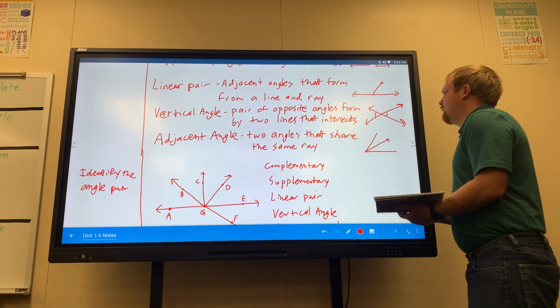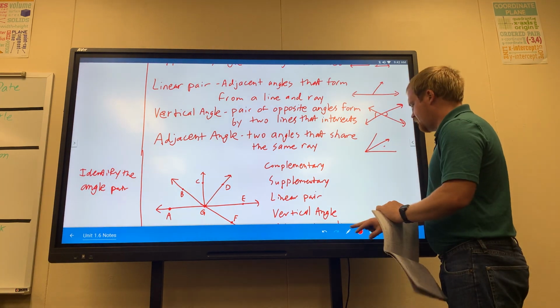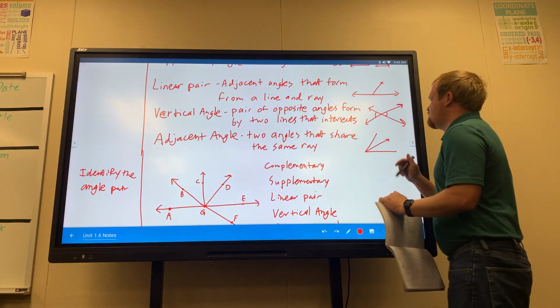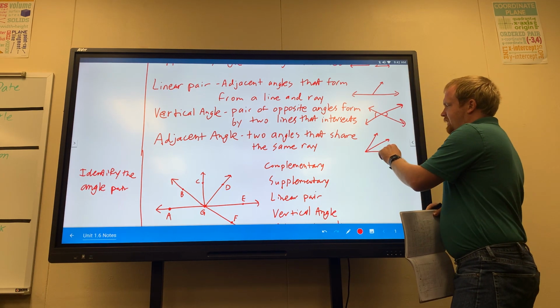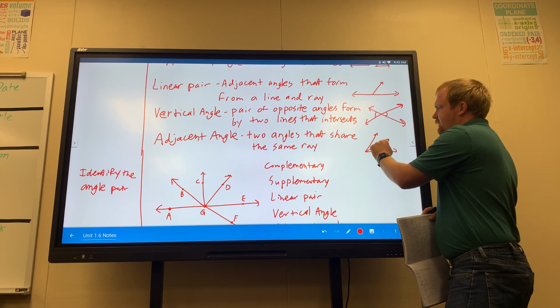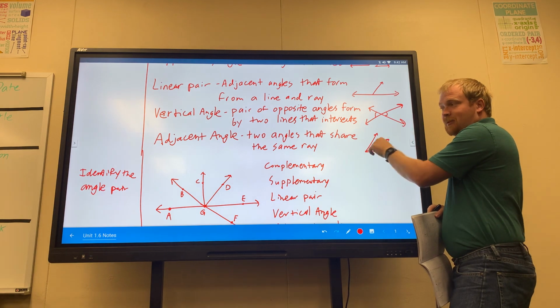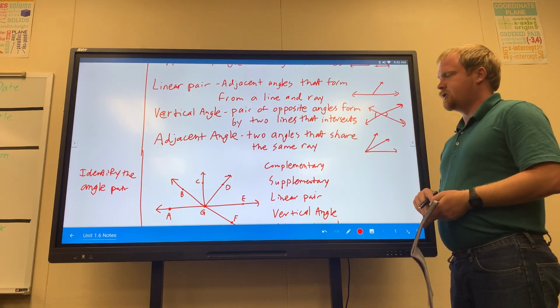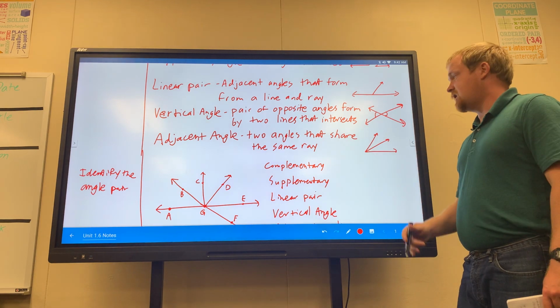So anytime you have something like this, where they have a common ray right here, that's an adjacent angle. So I have one angle right here, a second angle right here, but they give me one big angle, and they share a common ray. Okay? So that's an example of an adjacent angle.